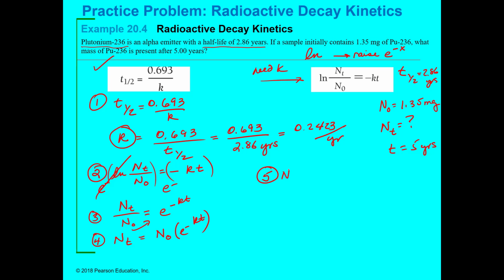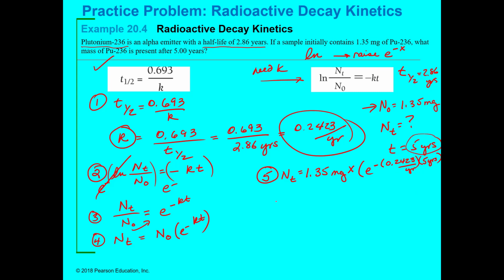So NT would equal N0, which was the initial concentration of 1.35 milligrams, times e raised to the negative 0.2423 per year times 5 years. Okay, so that's my K, and my T, and e is raised to that power.